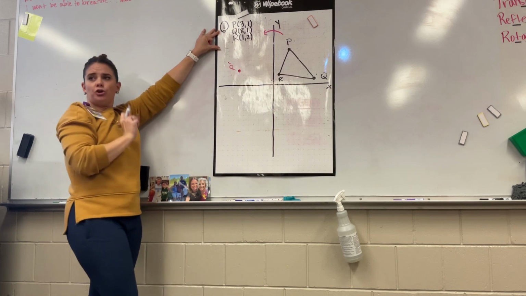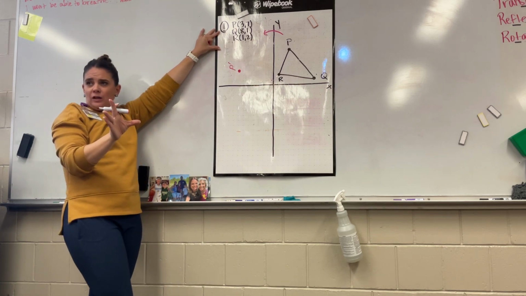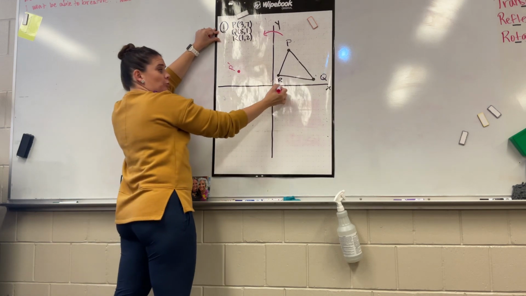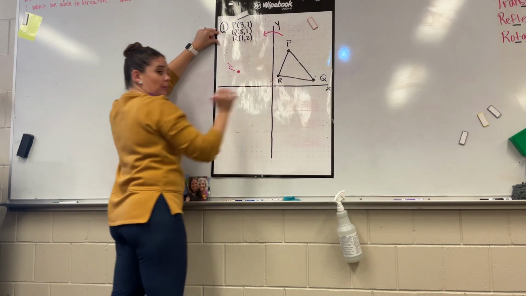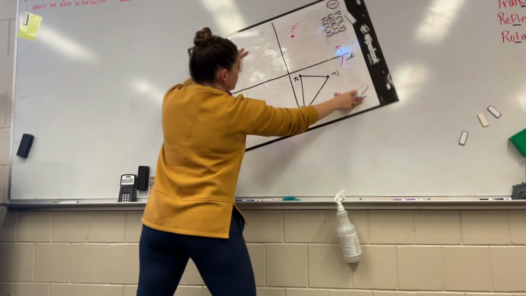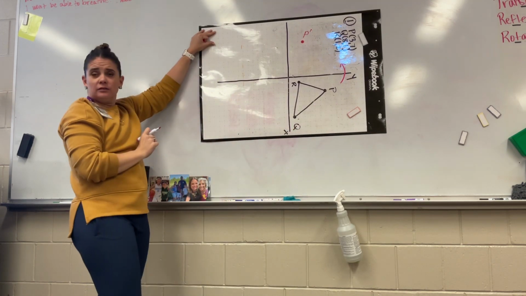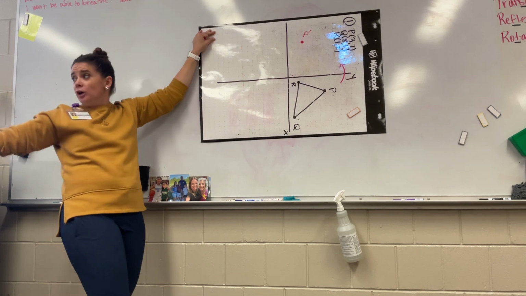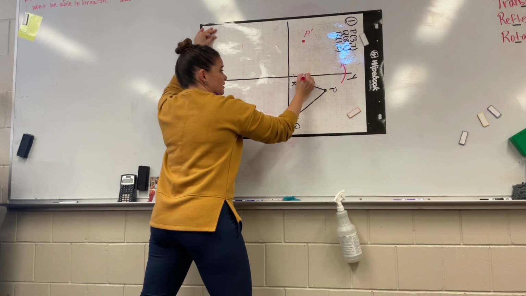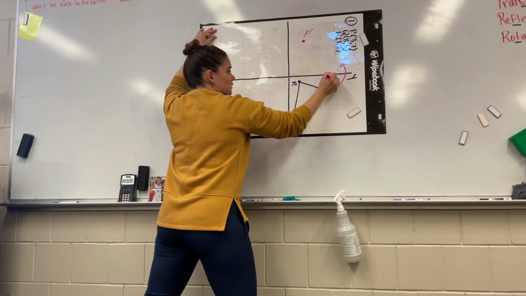Q. Q is the coordinate 8, 1. I see that it's plotted by going right 8 and up 1. So with my paper turned sideways to the right, I'm going to go from the origin, right 8, up 1.